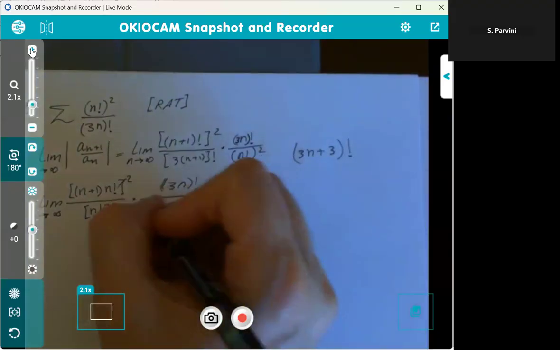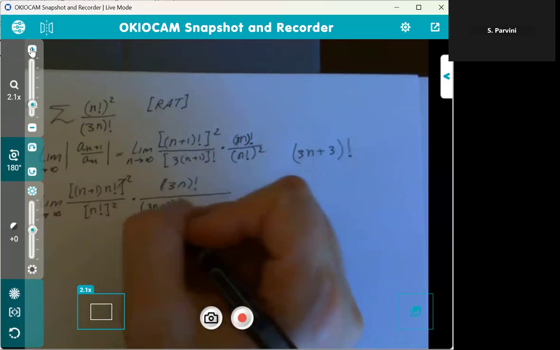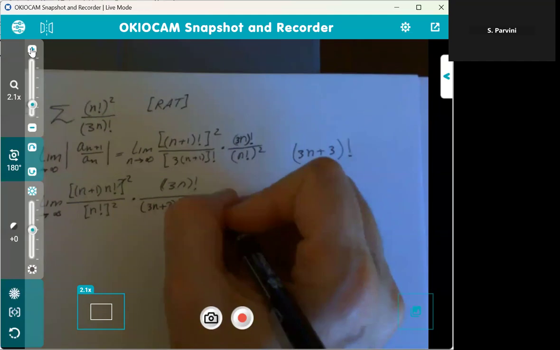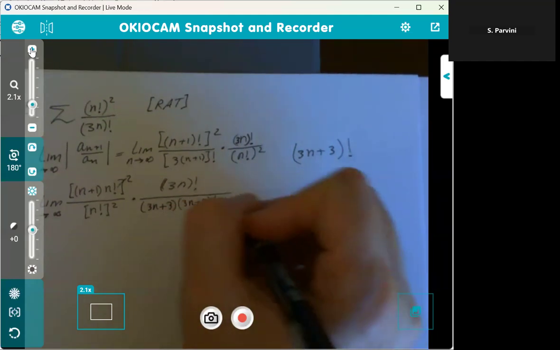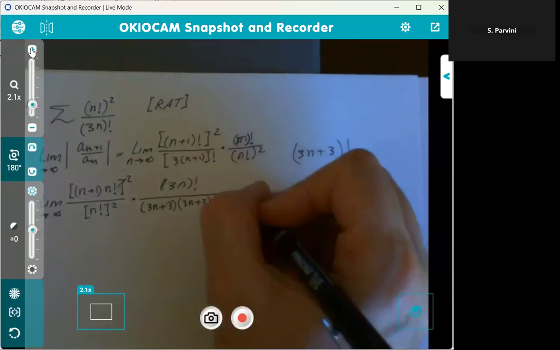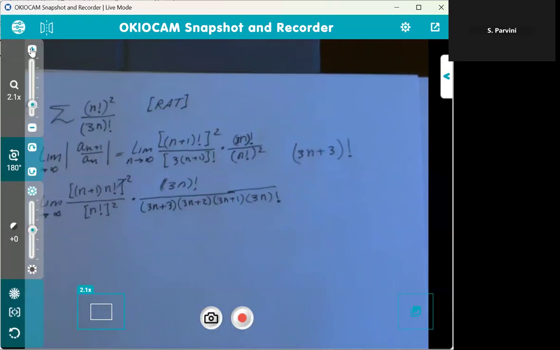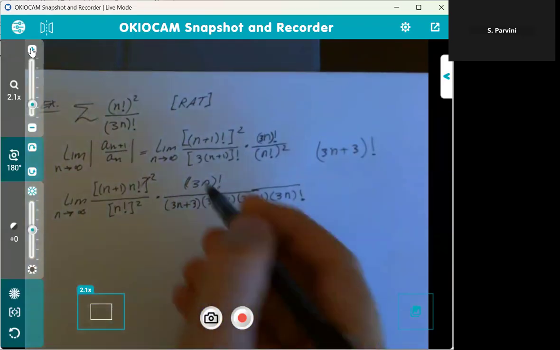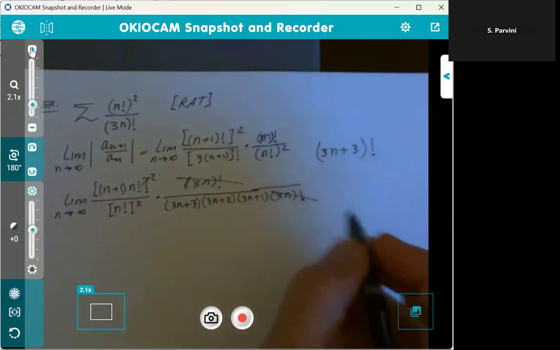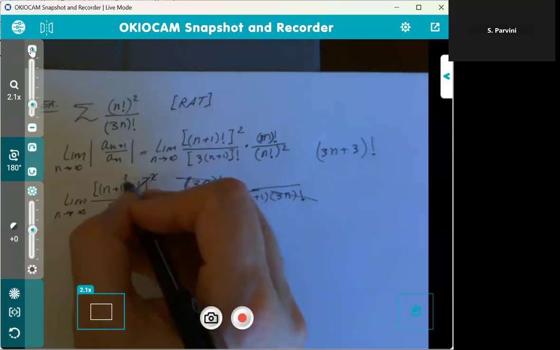This looks like 3n+3, and then 1 less than that, 3n+2, 1 less than that, 3n+1, 1 less than that is 3n, and we're going to stop. Then I can cross out (3n) factorials. And remember, the n factorial squared and n factorial squared is gone.